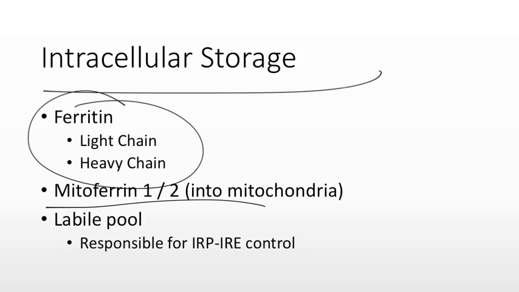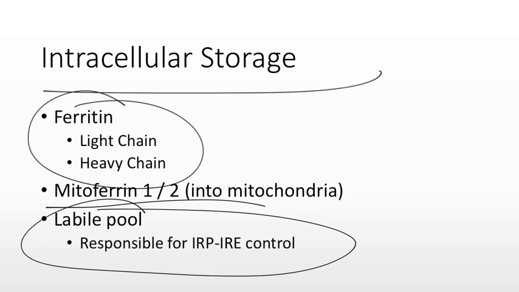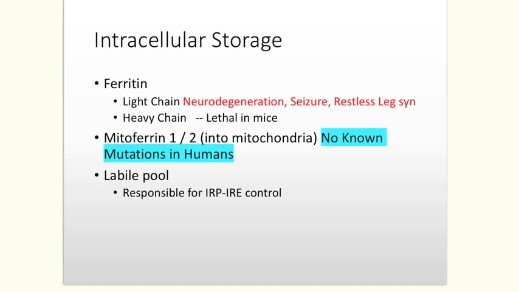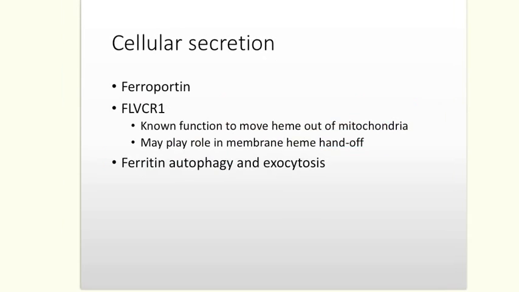The liver is the second most abundant spot for heme and for iron. And then there's that labile pool, which is the part that is active in the IRP, IRE iron response. Mutations in ferritin light chain can cause neurodegeneration, seizures, restless leg.